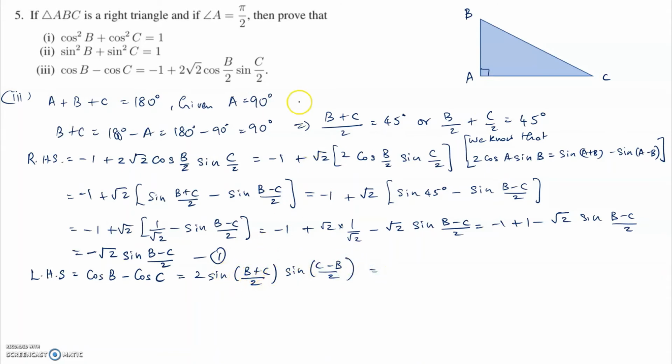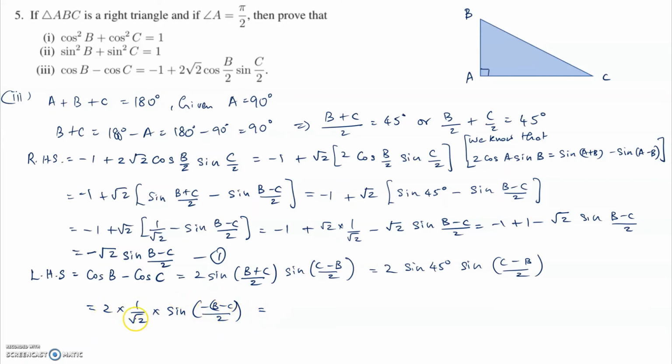Again, applying B plus C by 2 as 45 degrees, this becomes 2 times sine 45 degrees into sine C minus B by 2, which is equal to, we know that sine 45 degrees is 1 by root 2. So this is 2 times 1 by root 2, and we can rewrite C minus B as minus B minus C within bracket divided by 2.